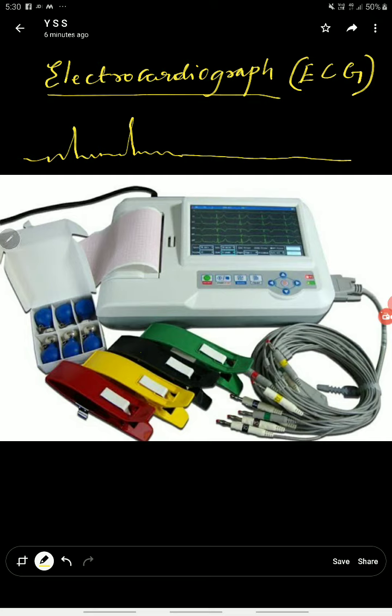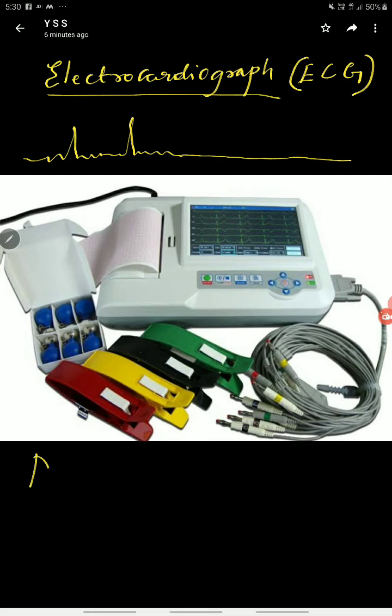So, what is this? The wavy lines which you happen to see while you watch a movie, as exemplified in your textbook. Students, it is the graphical representation of the electrical activity of the heart. I have explained that contraction and relaxation of the heart is because of the depolarization wave. What is it?